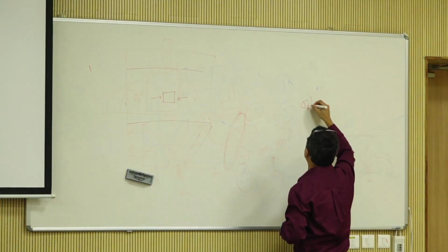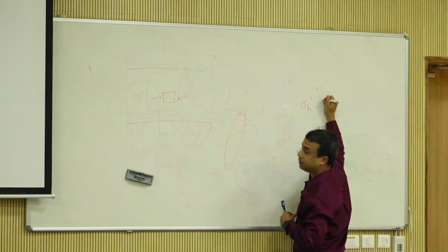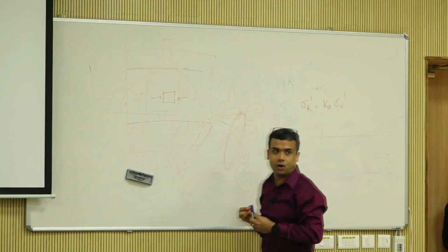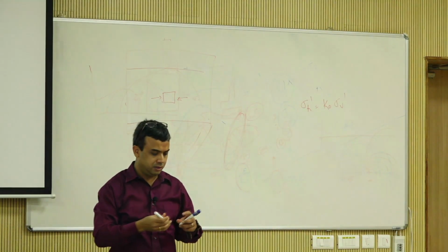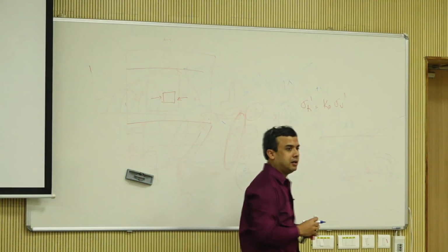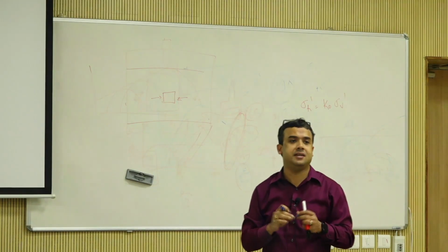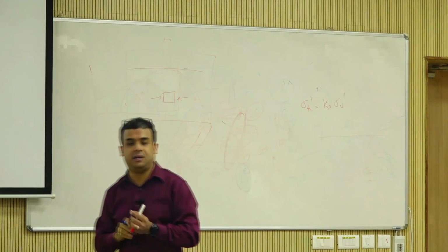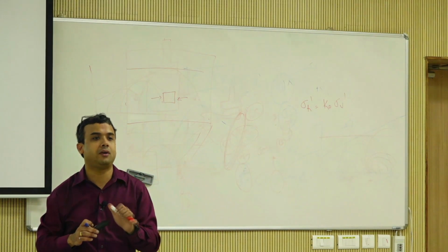How do you go from vertical to horizontal? K naught, the coefficient of lateral earth pressure. So the question is, why is the unconfined compressive strength test still representative of what you are trying to do?